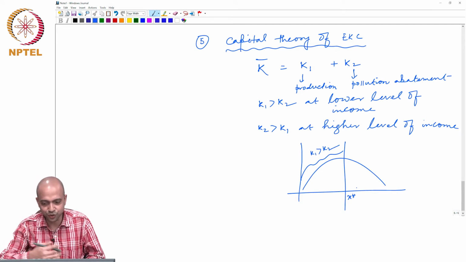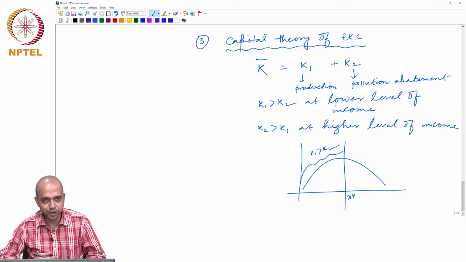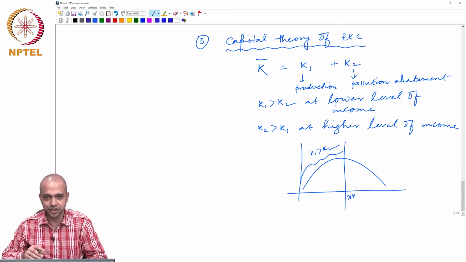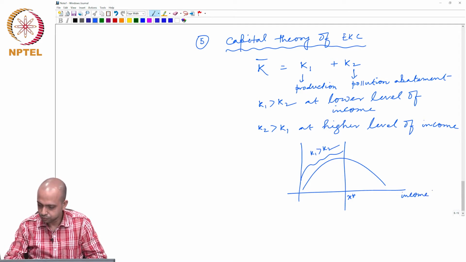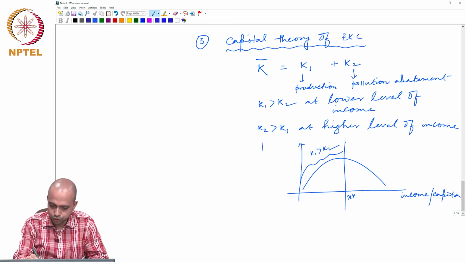As the economy is growing, if more and more capital is allocated for production purposes, less capital is allocated for the pollution abatement, obviously pollution per capita will grow faster than income per capita.